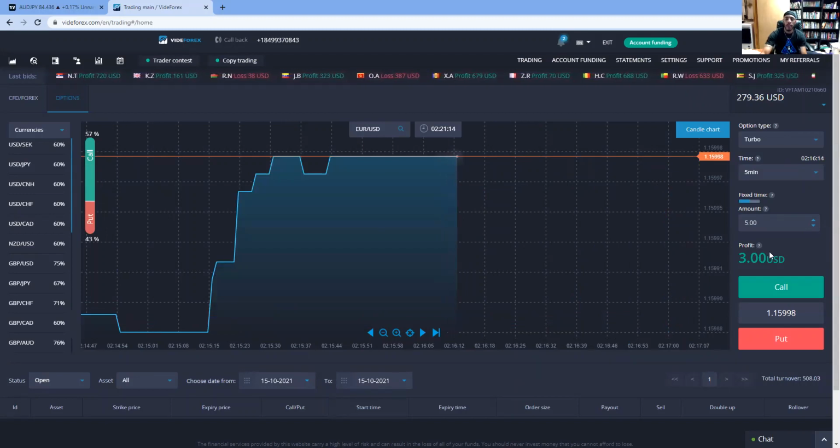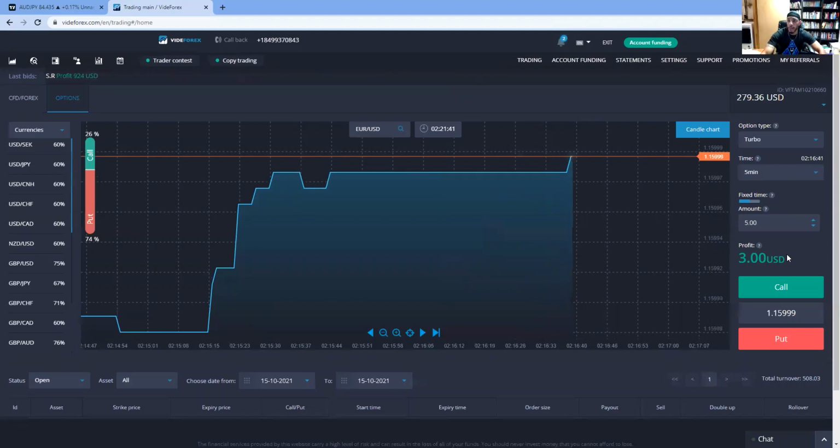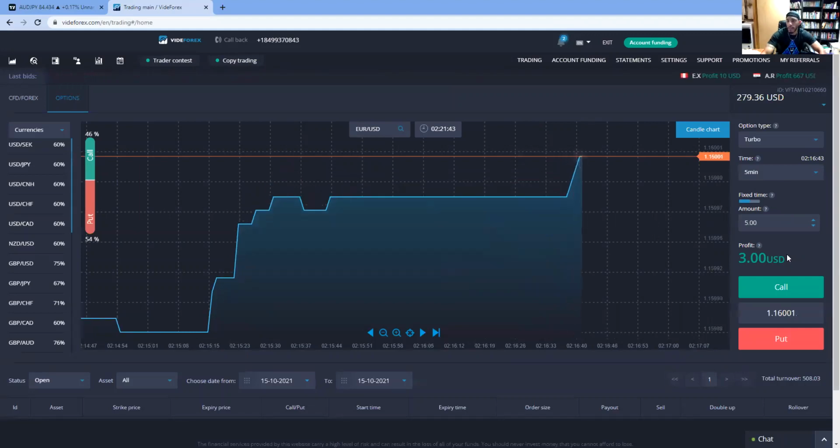Right? And I want a lot of people to understand, when we talk about this being a long-term game and you compounding your account and using your proper risk, some people may look at it like, oh, you're only risking $5, you'll only make $3. And it's like, yeah, for now. But say if I take 5 of these trades and win all of those trades, now I've made $15 in profit.